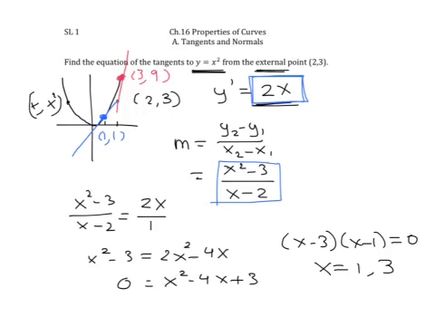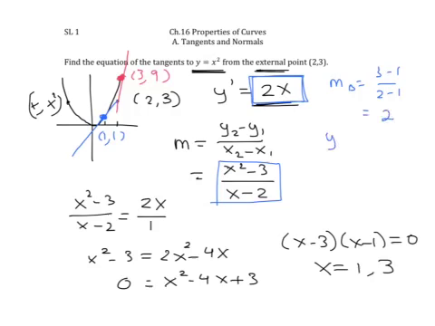So we're almost there. We want to find the equation of two tangent lines, and let's find the blue one first. We know that the slope of a blue line is equal to (3 minus 1) over (2 minus 1), which leaves us with 2.